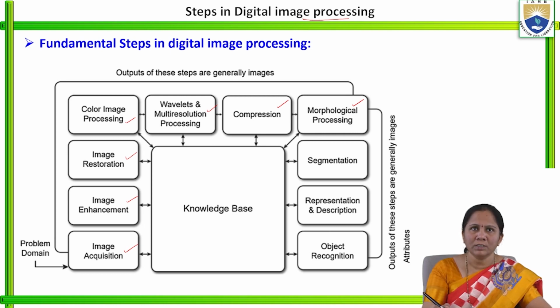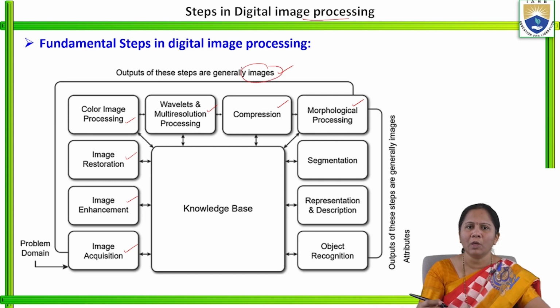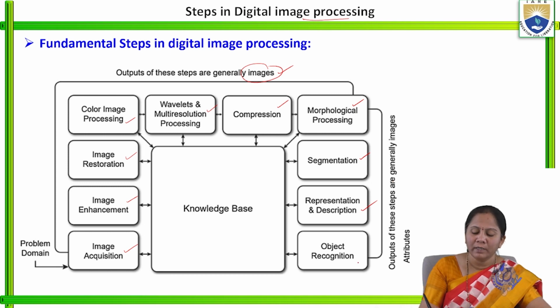If we consider all these blocks, the outputs of these blocks will be images. That means if you pass the image into any of these blocks, the output will again be an image. And some more blocks are also available here, that is segmentation, representation and description, and object recognition.